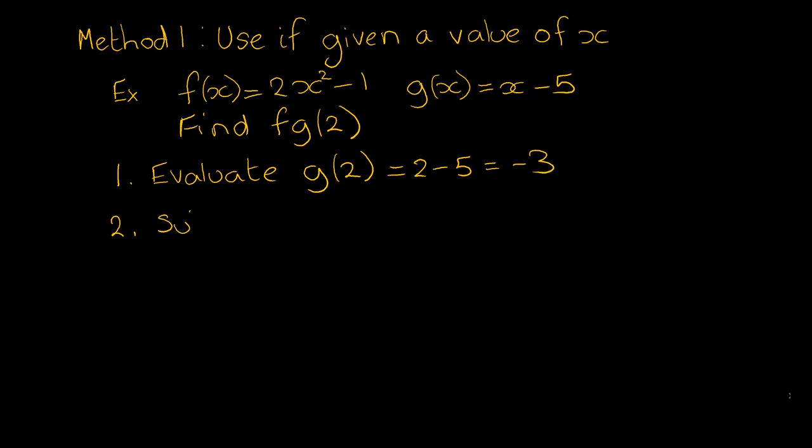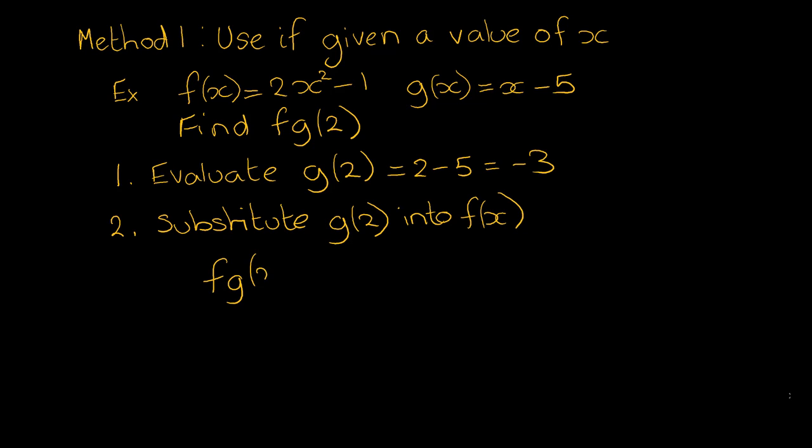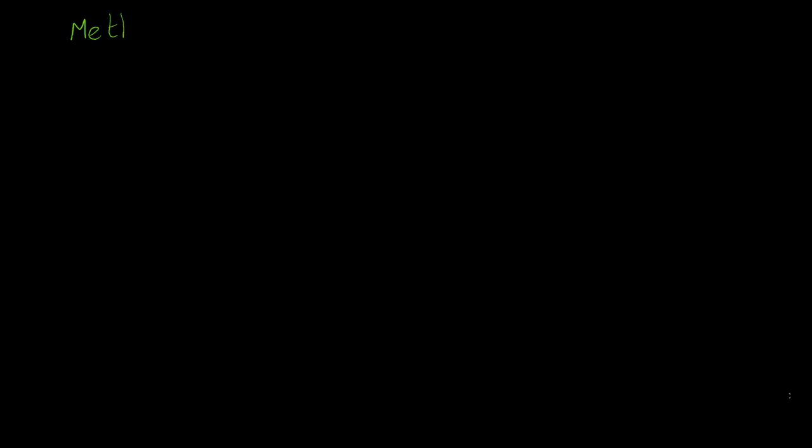Then we're going to substitute g2 into f of x. So that gives us fg2 equals 2 brackets minus 3 squared minus 1, which is 2 times 9 minus 1, which is 17.